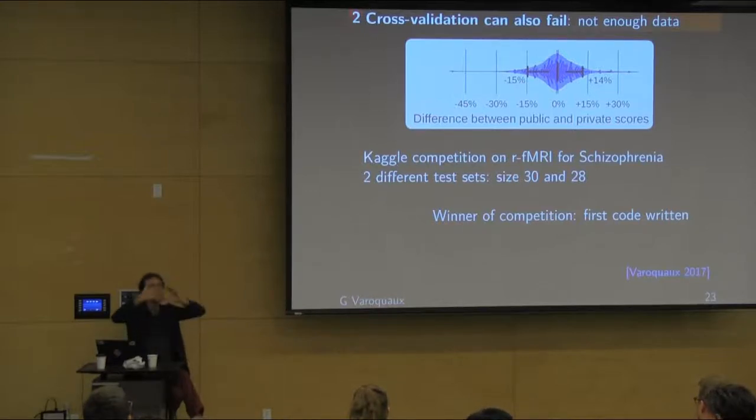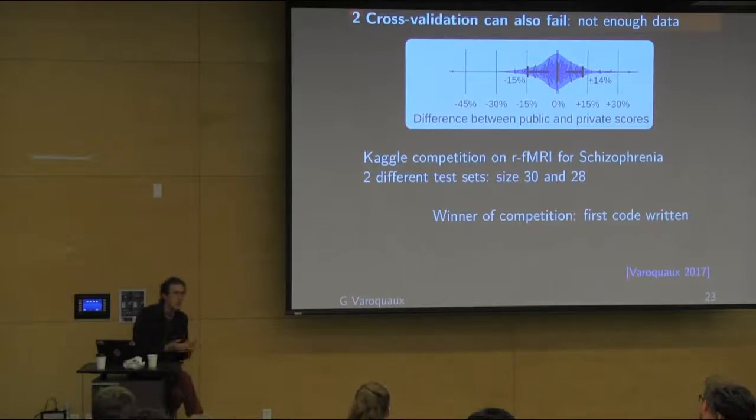There were two test sets. There was a public test set where people could see their scores, and a private test set where people could not see their scores. They could see their scores in the public test set, but at the end of the day, they would get money if they scored well on the private test set. So it's the idea that you need to generalize to unseen data.